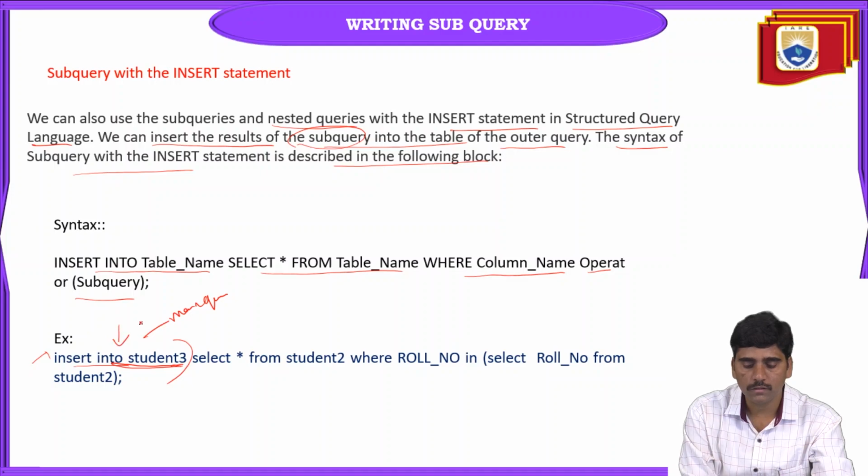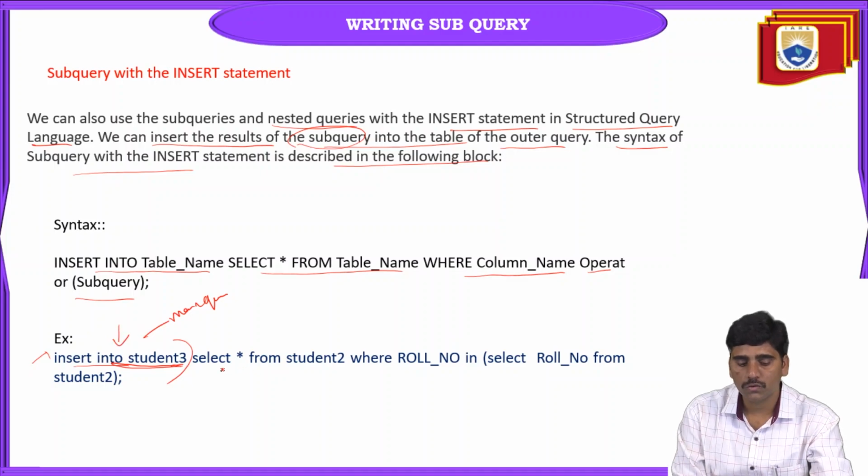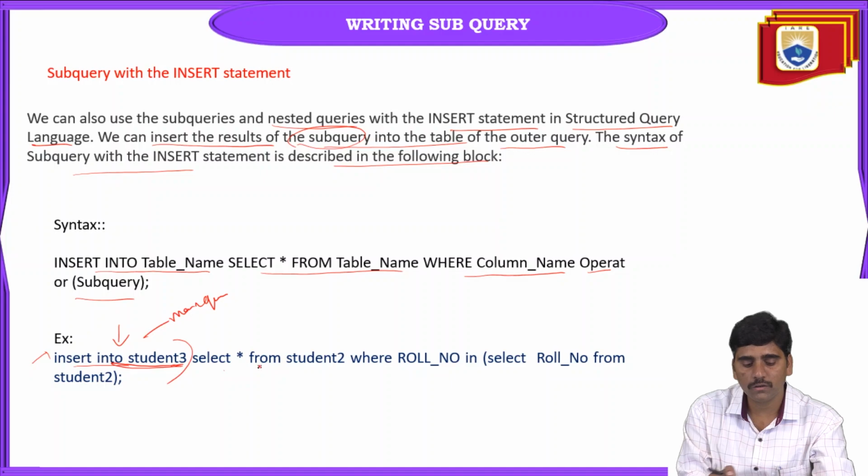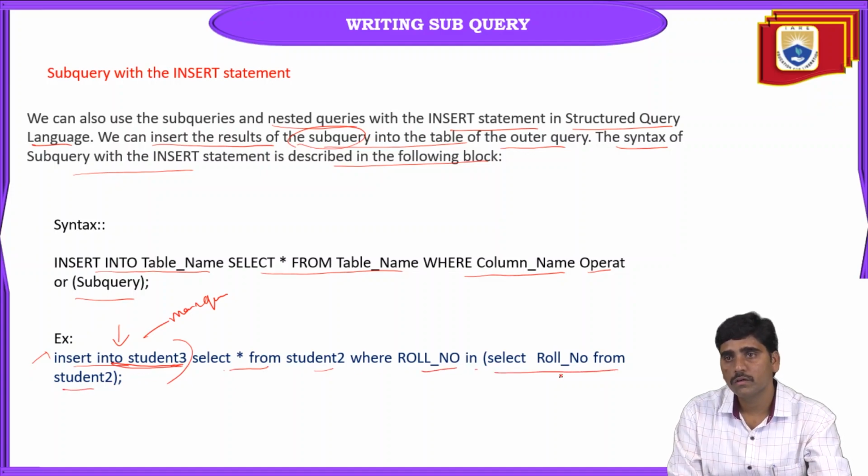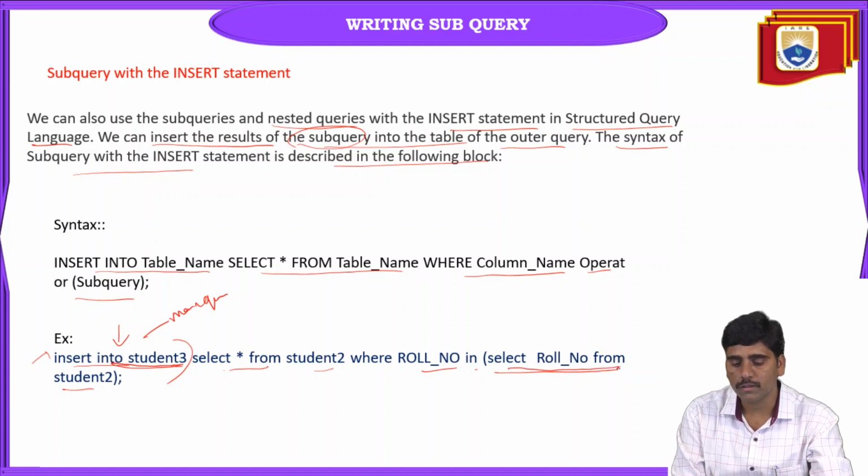What values are we going to insert? We are going to insert the values from this query: select star from student 2 where roll number in select roll number from student 2. Here, select roll number from student 2 means you will get the roll numbers like 201, 202, 203 and so on.